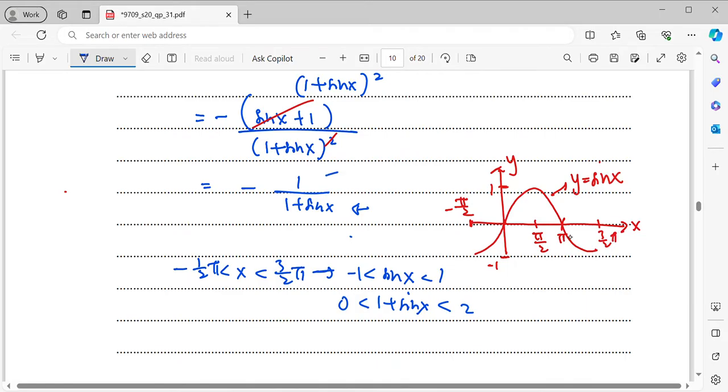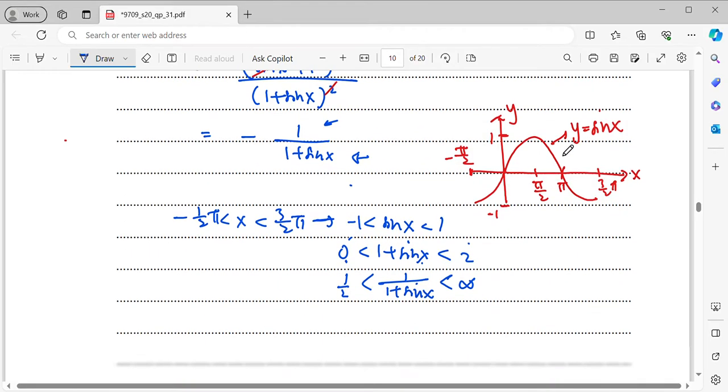And then there is a 1 over. So when I consider 1 over, when you take 1 over 0, we don't write 1 over 0, but it will be infinity. So that means this is less than half and this is infinity. So here more than half, and then more than infinity.